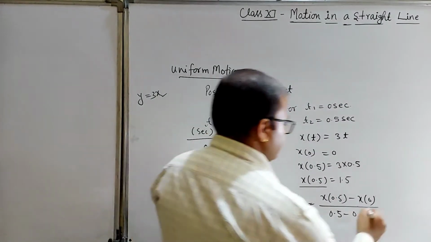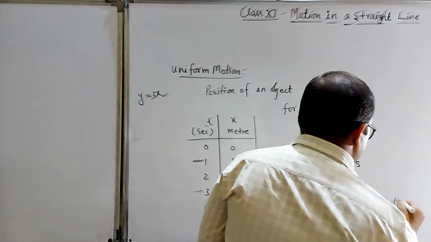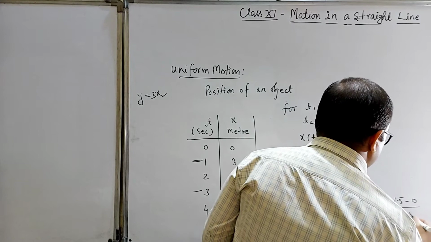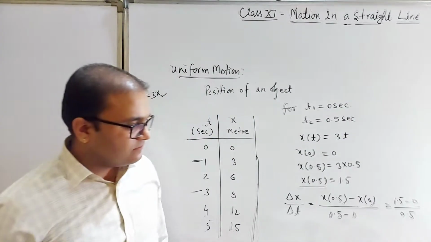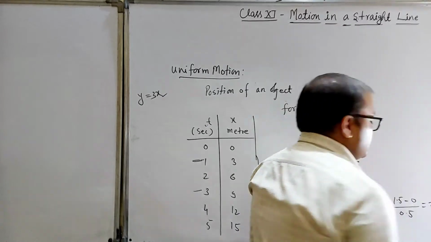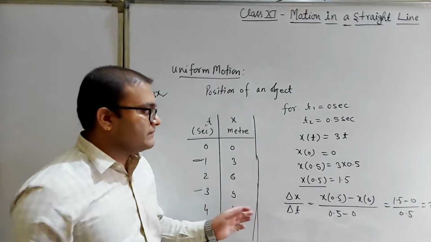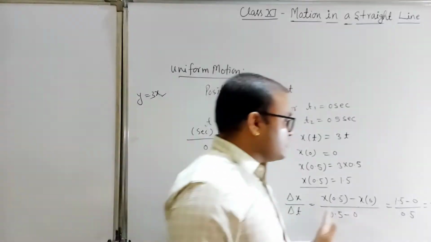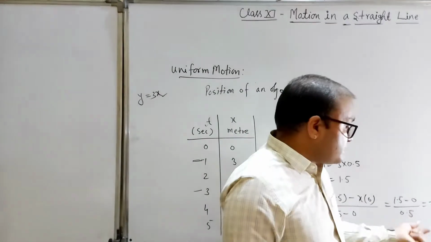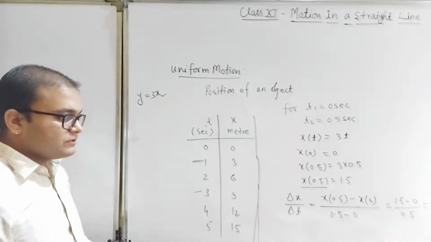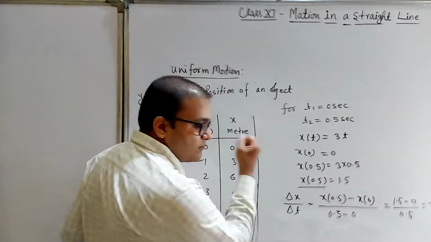The value of x at 0.5 is 1.5 minus x(0), that is 0, upon 0.5. Solve this and you will again get 3 meter per second. For the short interval of time 0.5, the speed is again constant, 3 meter per second. That's why it is a uniform motion.